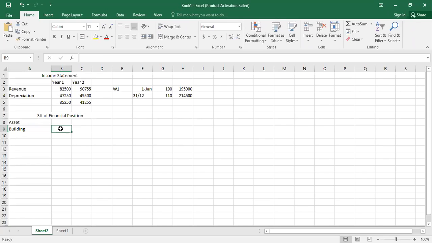I was asking what is the value of the building for year one. Just note it as Y1, and Y2 for year two. Which figures are we taking to the balance sheet, the adjusted or the historical?